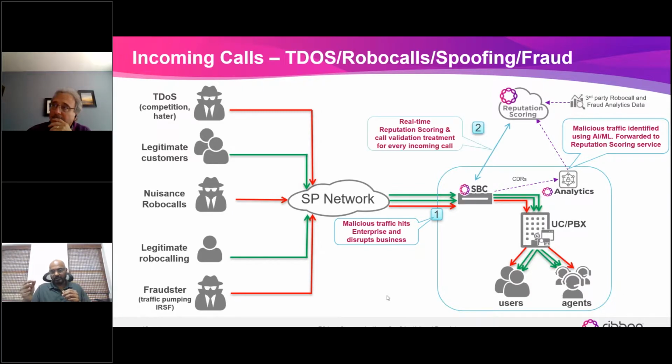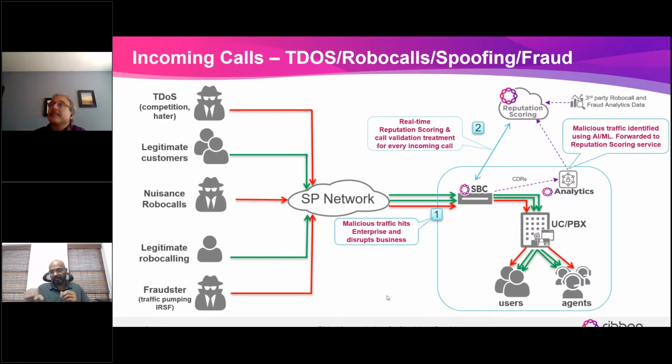Once reputation scoring has this intelligence, the SPC dips reputation scoring on a call-by-call basis and gets the real-time score. When a new call comes in, let's say the red arrow coming into the SPC, it queries the reputation scoring service, gets a real-time score, and if it's an IRSF call or a TDoS call, it's going to block it right there.